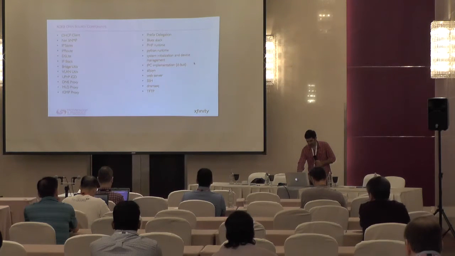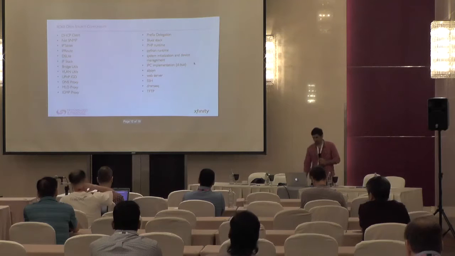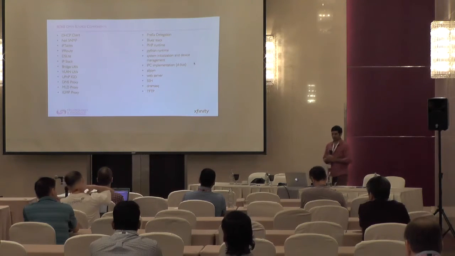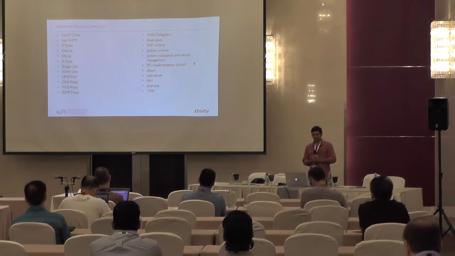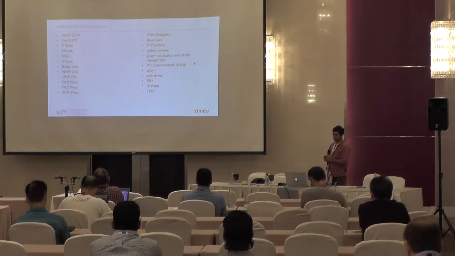So this is just a list of open source components that it is relying upon, and all these components are right now provided to us through the OpenEmbedded framework, and we use them as is.